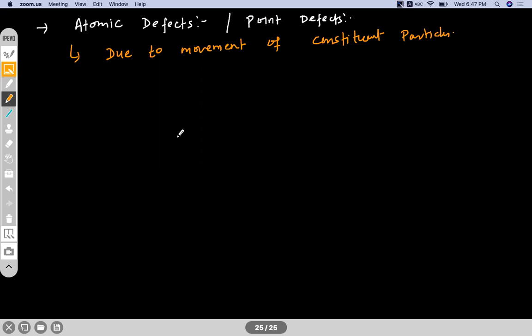So in stoichiometric defects, the first one we are going to see is Schottky defects.